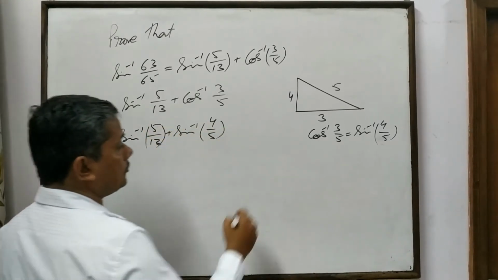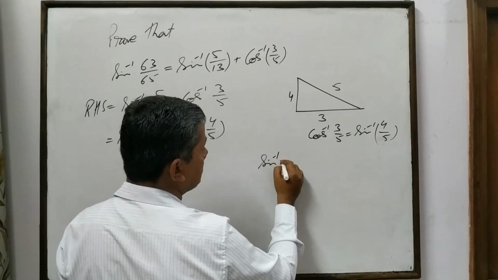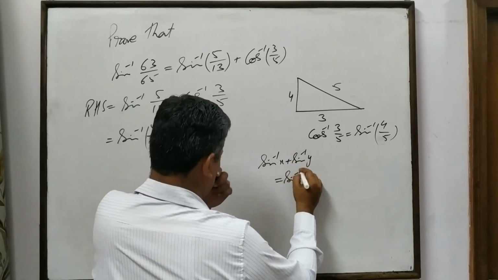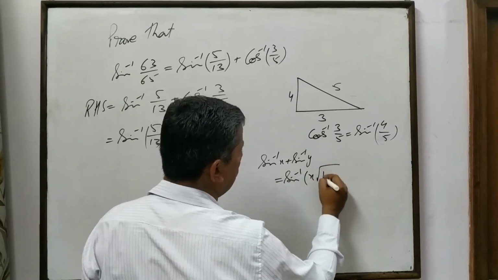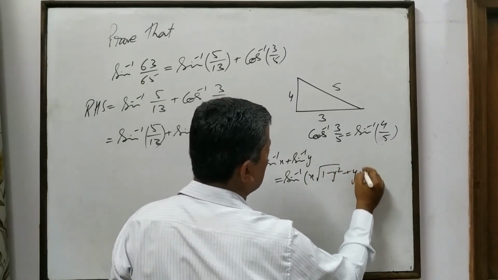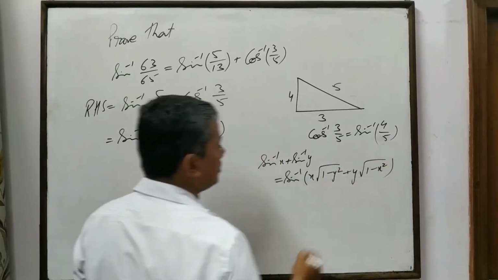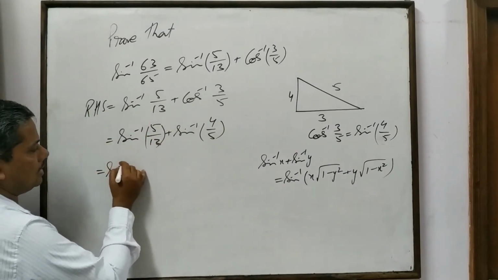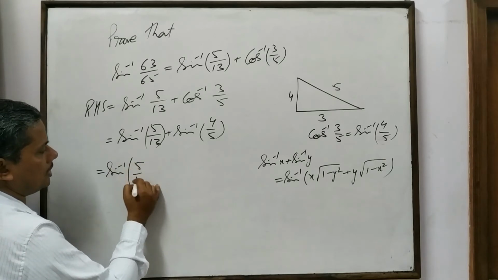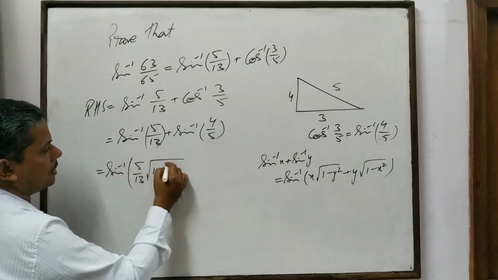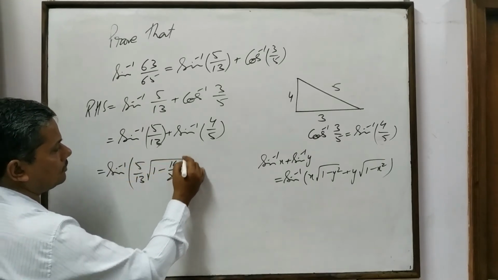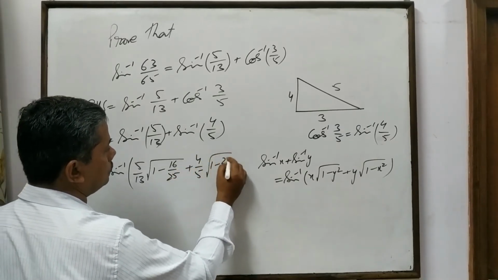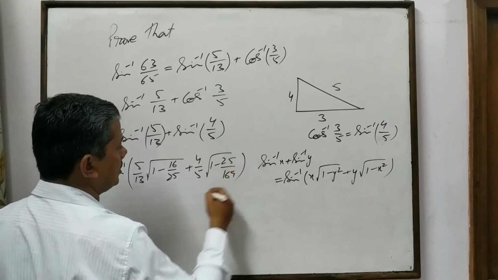Now we have a formula: sin inverse x plus sin inverse y is equal to sin inverse x under root 1 minus y square plus y under root 1 minus x square. So using that, this is sin inverse 5/13 under root 1 minus 16/25 plus 4/5 under root 1 minus 25/169.